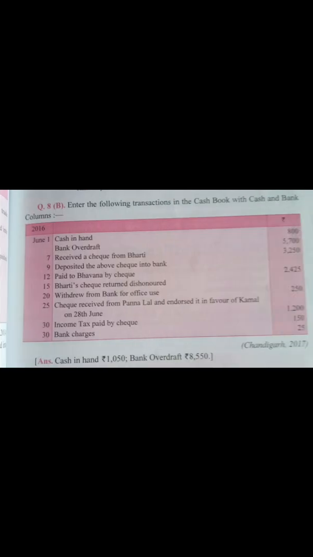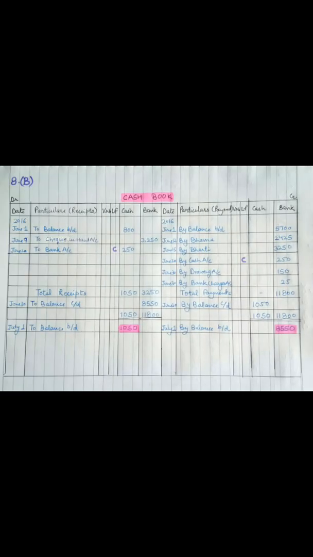Next entry is on 20th June. Withdraw from bank for office use. So we have withdrawn some amount from the bank for office use, means it's not a personal drawing, it's office use. That means it is a contra entry. So we have to make the entries on both the sides, that means on debit side as well as on credit side. Let us see.